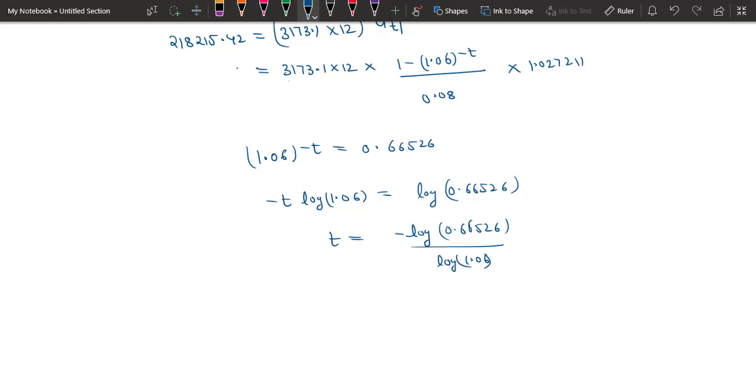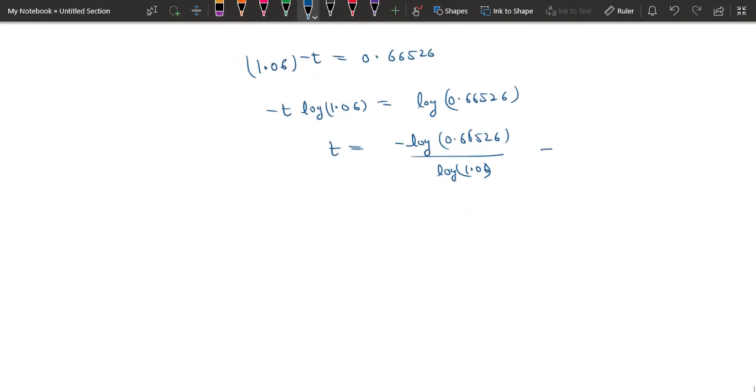Now from the first look you might find that this t is negative, but actually this is not negative. When you calculate the value of the numerator, log 0.66526 will come out to be negative, and the negative sign will cancel out and you will get the answer. So when you solve this, you will get 6.9949.